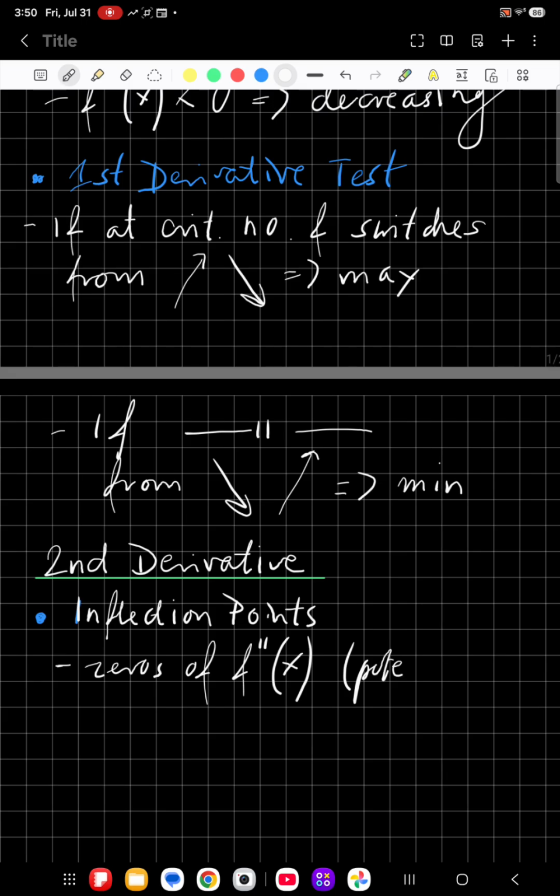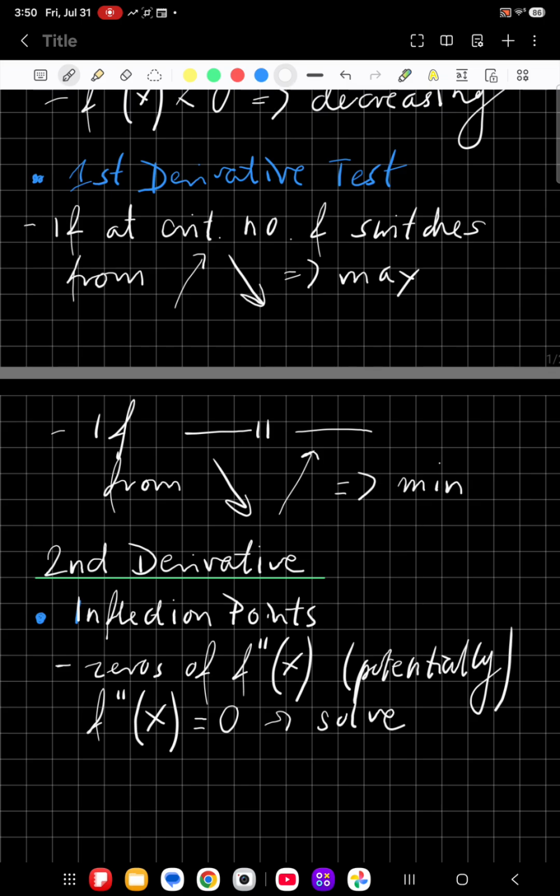So we take the second derivative, f double prime of x, make it equal to 0, and solve.